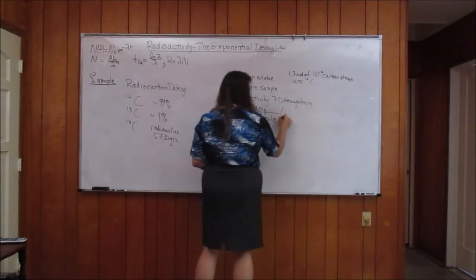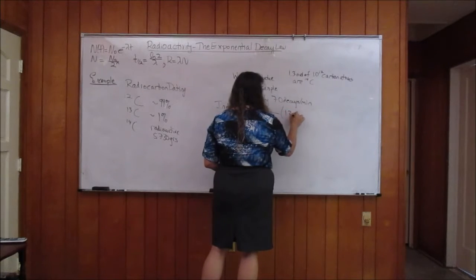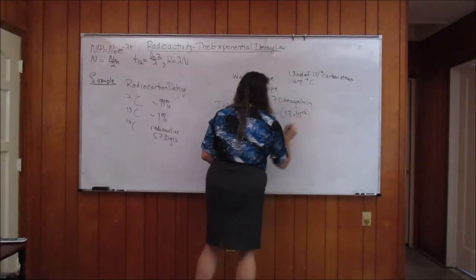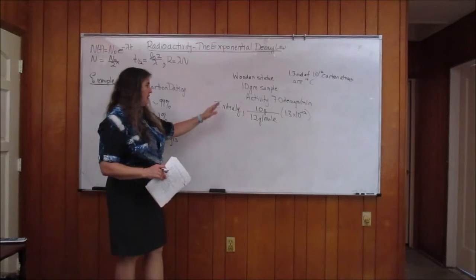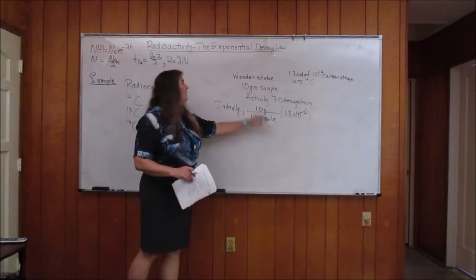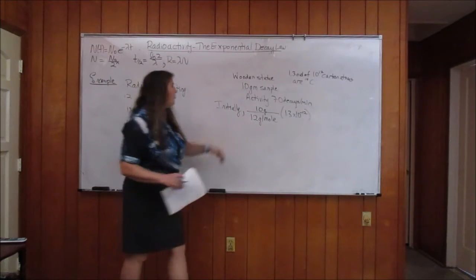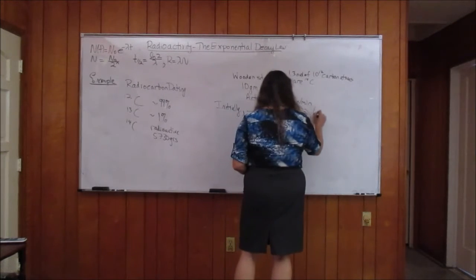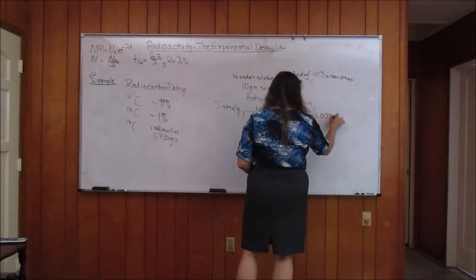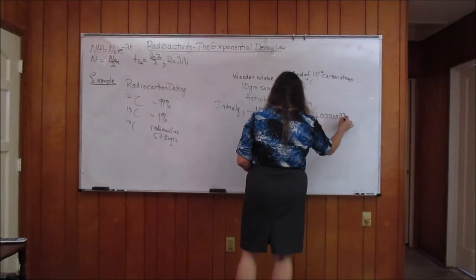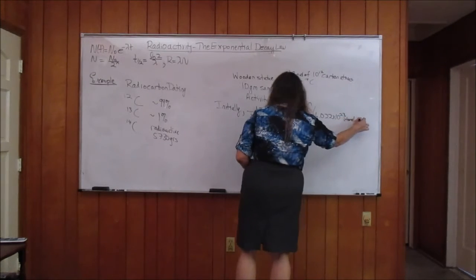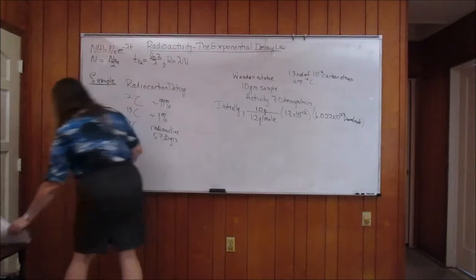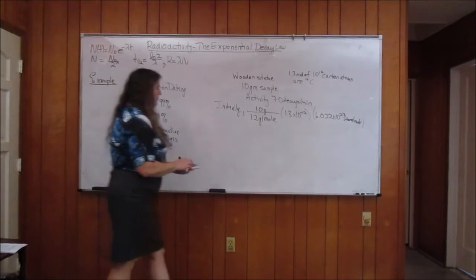So I'm going to multiply this by 1.3 times 10 to the minus 12. That's the portion of carbon-14 that was initially in the wood that made the statue. And this times 6.022 times 10 to the 23rd atoms per mole.